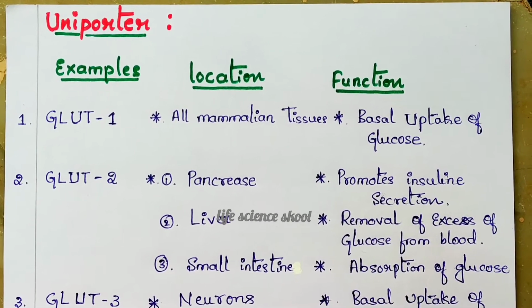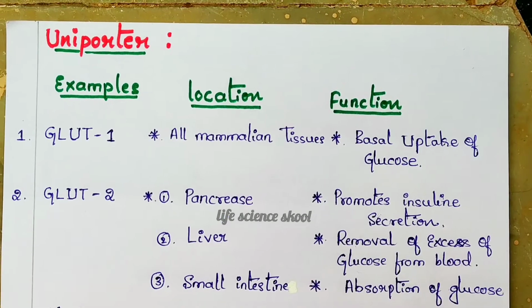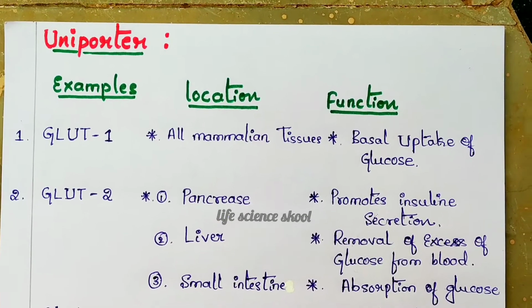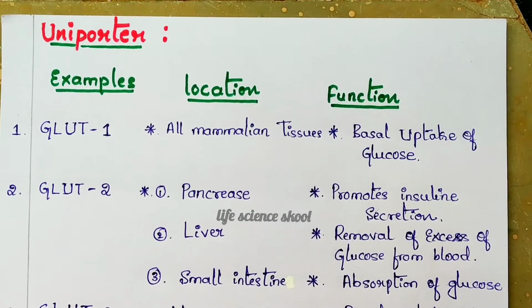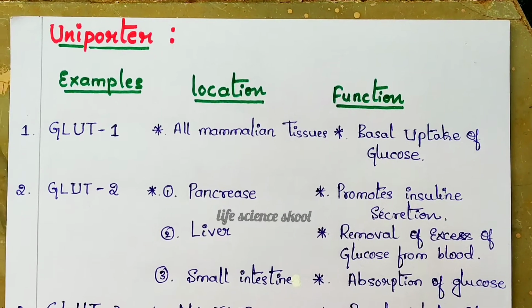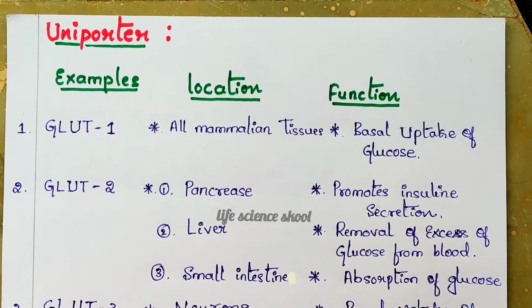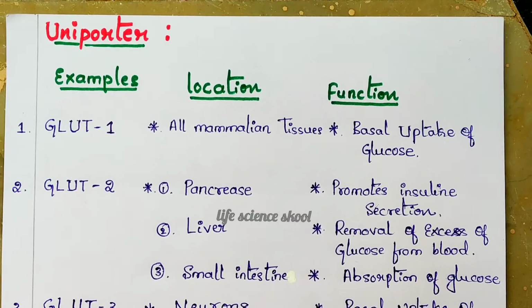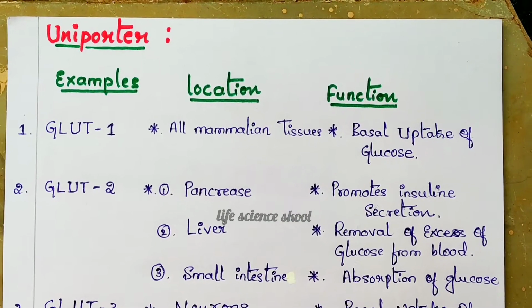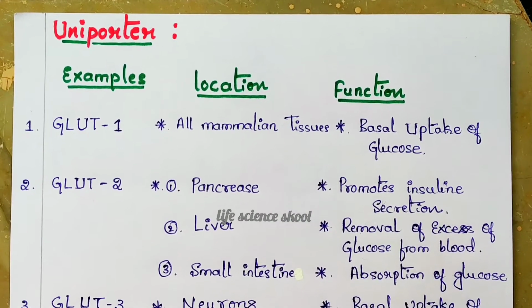So the best example for this is glucose transporters. Glucose transporters are uniporters, where these carrier proteins transport a single solute molecule in one direction across a plasma membrane.